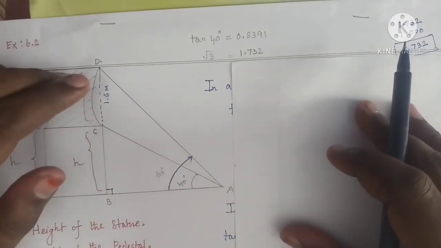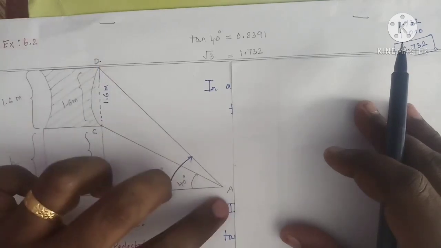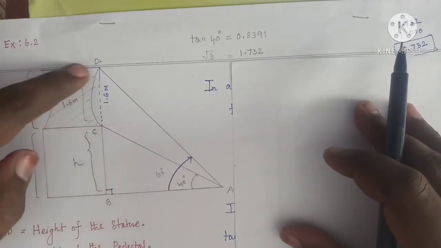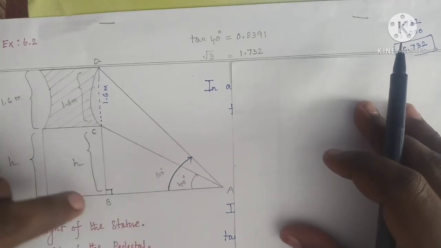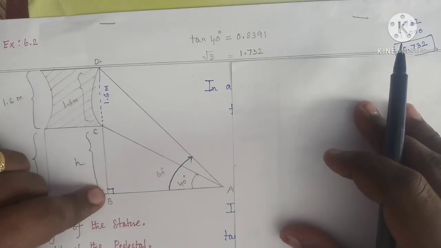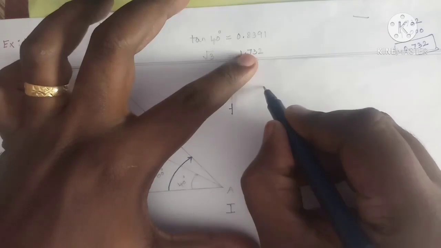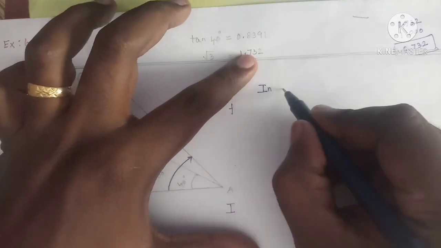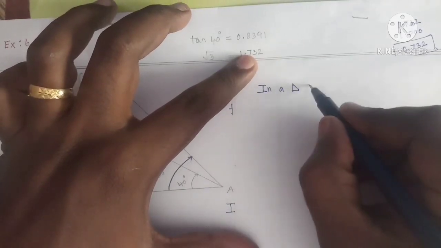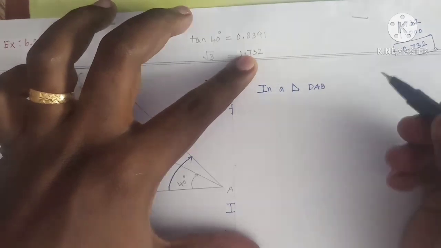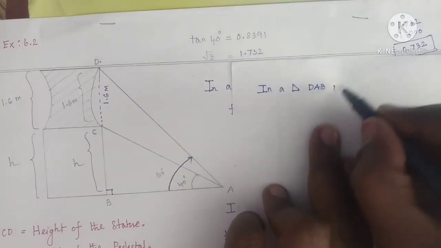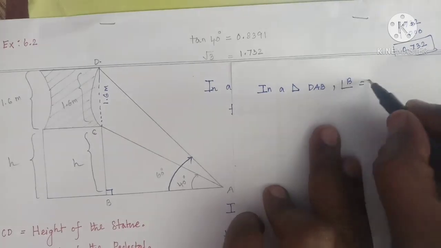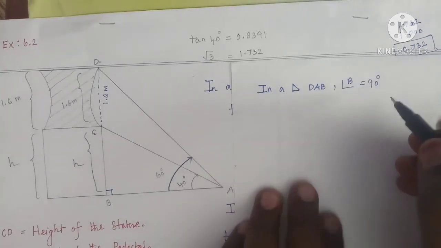First, in right triangle DAB, angle B equal to 90 degrees, and the angle of elevation is 60 degrees.